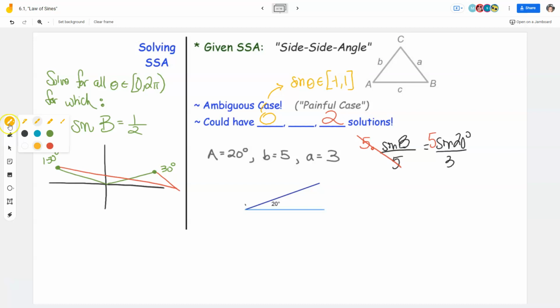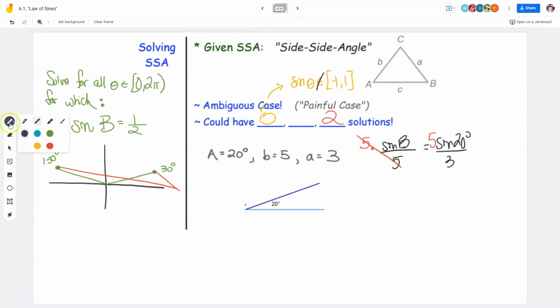This is what it's supposed to be: it's going to be no solutions if it's not in between 1 and -1. If I find a sine that's not in between 1 and -1, and I try to do sine inverse and it says nuh-uh, it's probably an impossible triangle. You might have plugged it in wrong, but it's probably an impossible triangle.